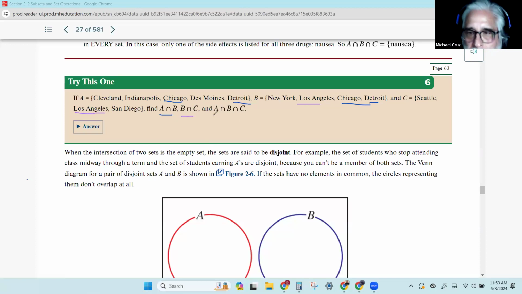Now, what do you think this means? What do you think that one means? That's A intersection B intersection C. Is that all the subsets? Well, it's just what's common to all 3. We had between these 2 Chicago and Detroit, but C doesn't have Chicago and Detroit, does it?